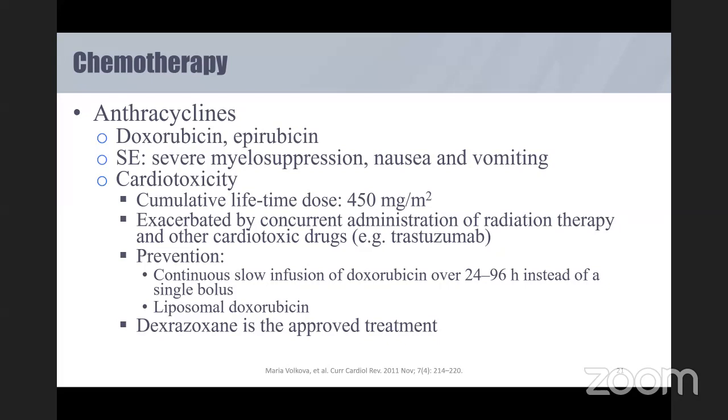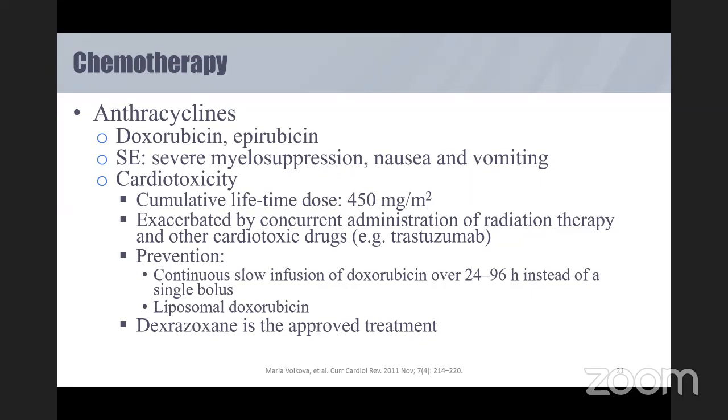بعد كده عندنا الانثراسايكلينز اللي هم دوكسيروبسين والايبيروبسين. السيفير سايد افكت حقتهم تكون سيفير مايلوسبريشن عشان كذا دائما نستخدم معاهم supportive GCSF، nausea و vomiting طبعا.